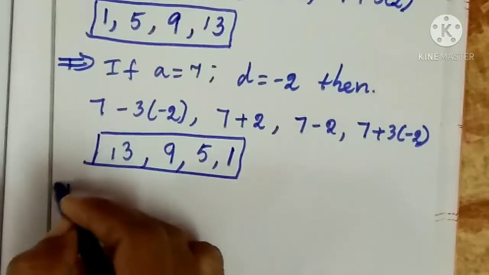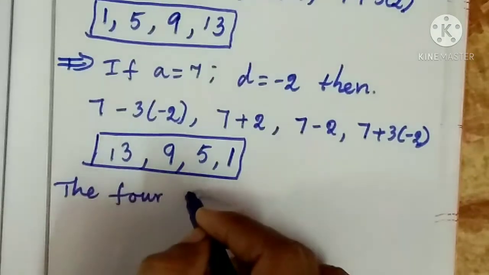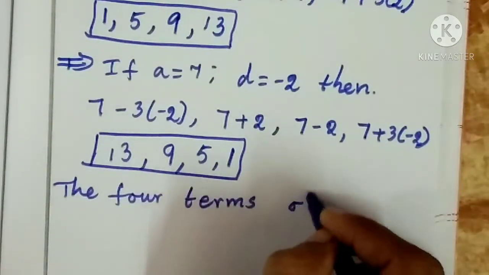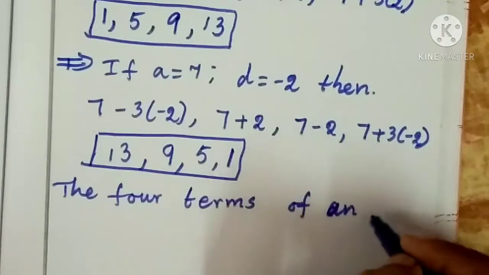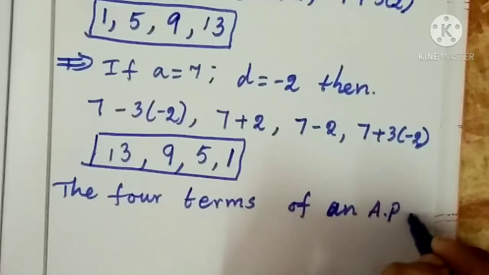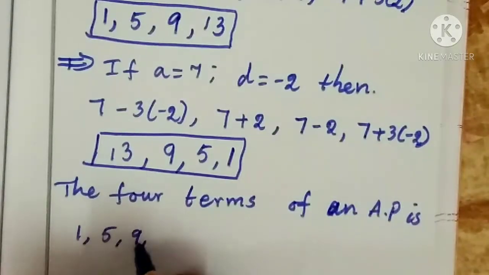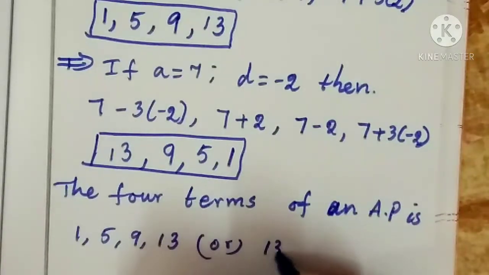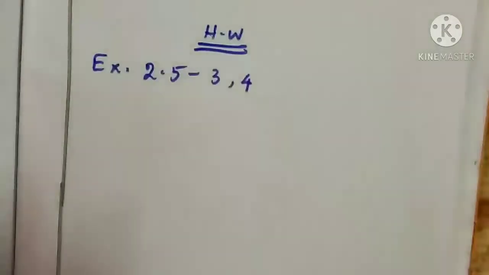Therefore, the 4 terms of an AP are 1, 5, 9, 13 or 13, 9, 5, 1. This is the answer for this question.